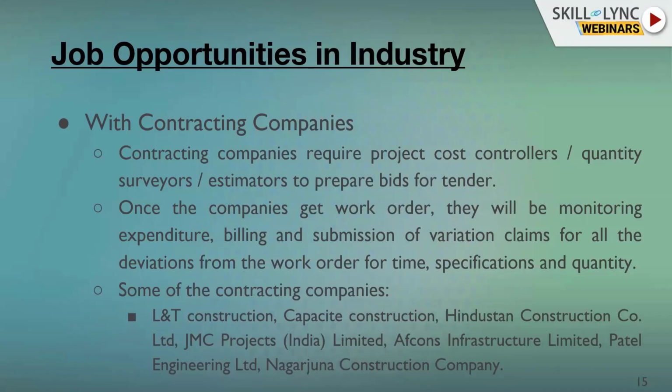And when they get the job, they have to execute the work. During execution, there is a billing procedure. Then there are variation claims, and then there is a full and final bill settlement. And each individual cash flow has to be monitored so that the company is in profit for the particular project.